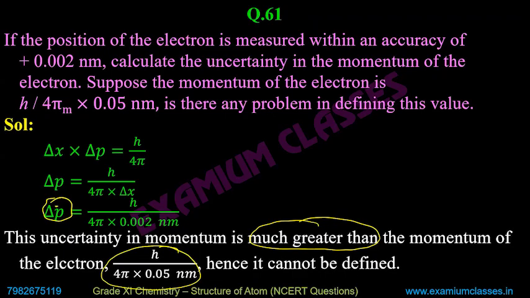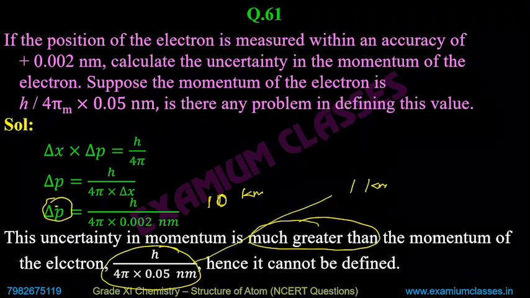As I gave you the example, the uncertainty you can consider is 10 or 11 kilometers, and actual is 1 kilometer. There is no sense talking about such values if I am at 1 kilometer and uncertainty can be 10 kilometers. Anyone not clear?